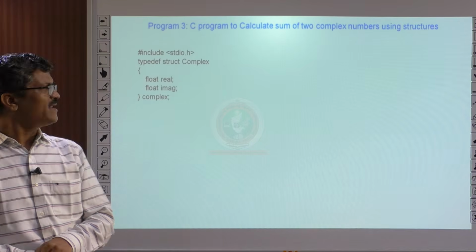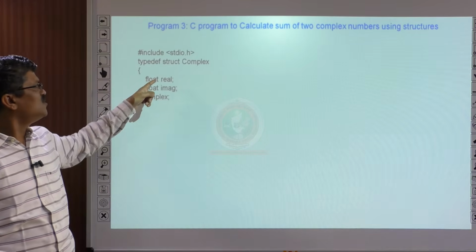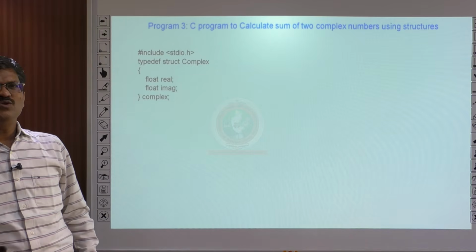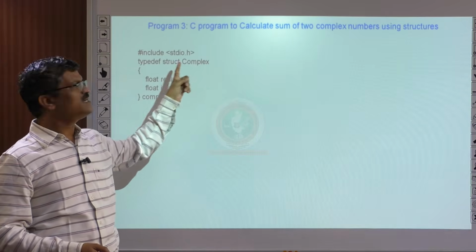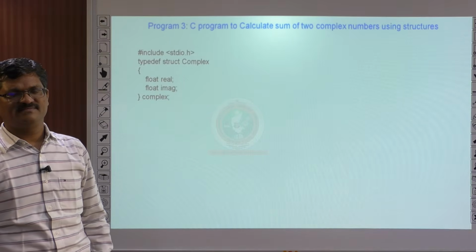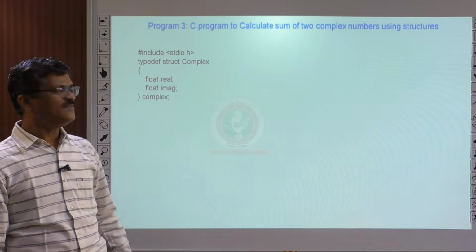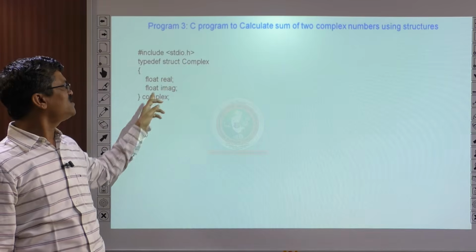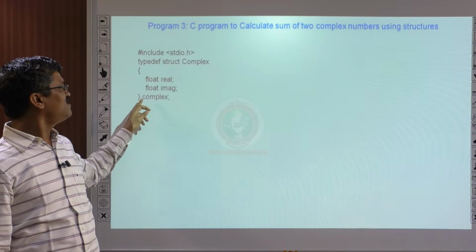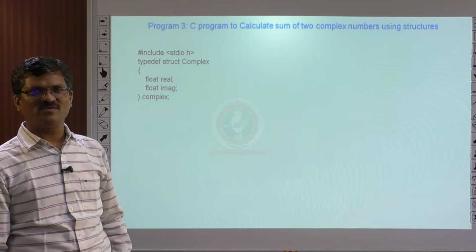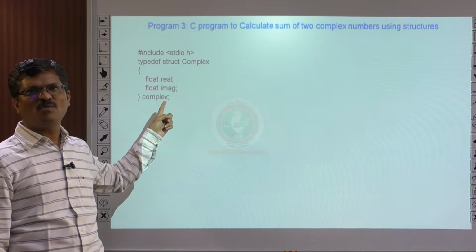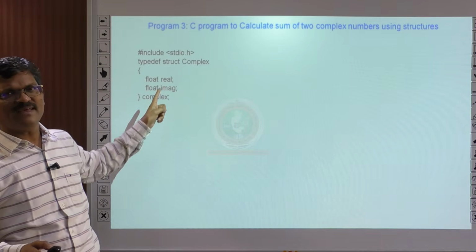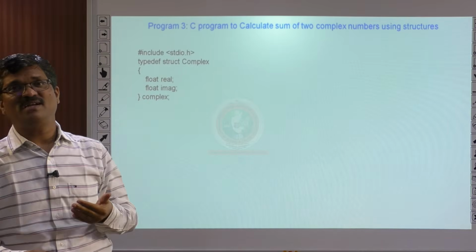So I write a struct complex to include the real and imaginary part, and then I would like to typedef this struct complex by making use of the typedef command, right, and then I will create an instance or a structure variable called complex. This seems to be the same, but remember this is capital C and this is small c. C is case sensitive, you must be knowing, right. So I create a structure variable called complex, which is typedef, meaning that this is a new data type that I have defined now.